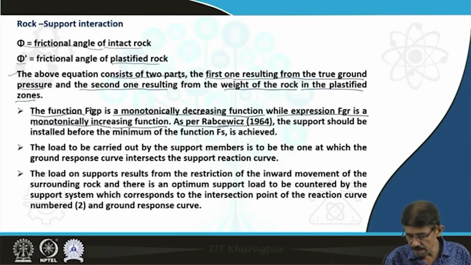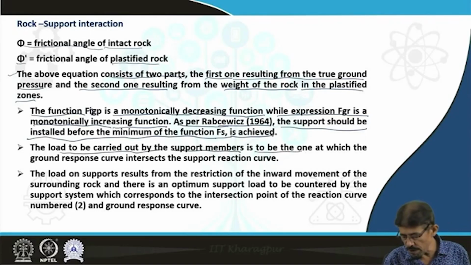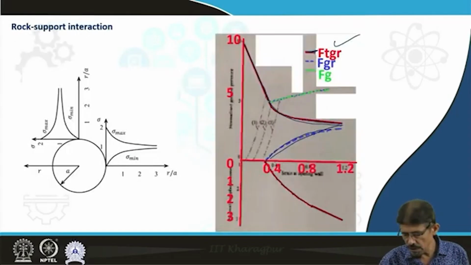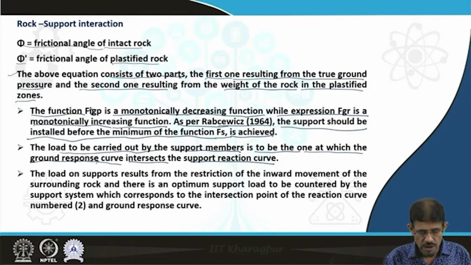As per Rabcewicz in 1964, in the New Austrian Tunneling philosophy, the support should be installed before the minimum of the function Fs is reached. The load to be carried by the support member is the one at which the ground response curve intersects the support reaction curve, and this pressure we are going to utilize for installing the support system.